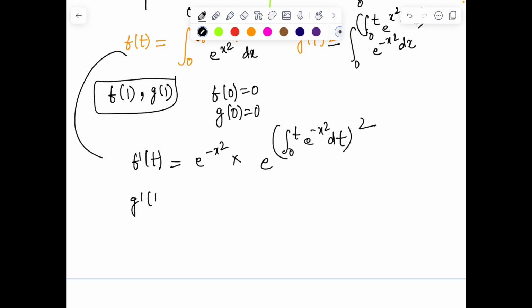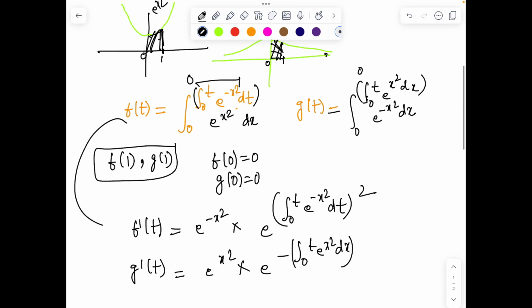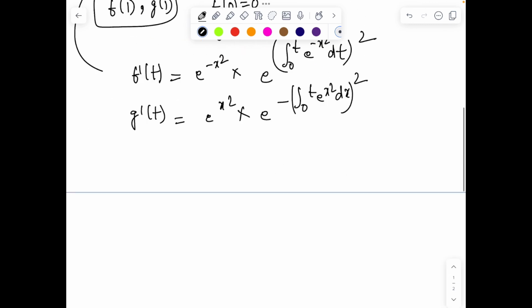And similarly g dash t gives us e to the power t square into e to the power minus of the integral from 0 to t of e to the power x square dx, whole square. Right?